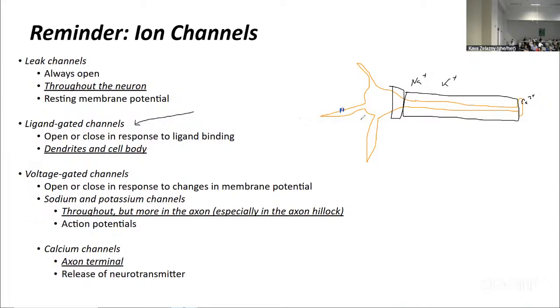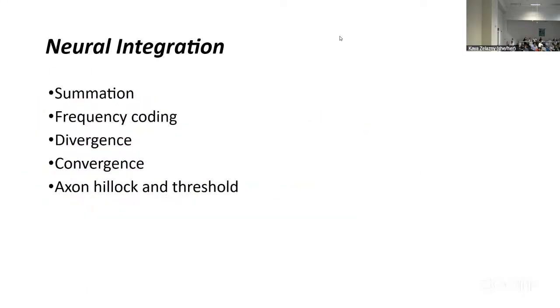So those ligand gated channels would be on the dendrites and on the soma particularly, because that's the part that's going to be touching the synapse, if we're thinking about that postsynaptic neuron. So these are where we have our different types of ion channels. Now we kind of understand they're all for different purposes.